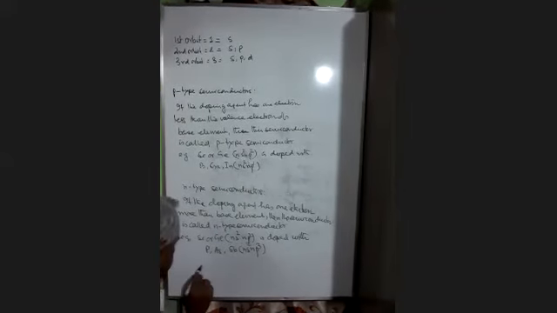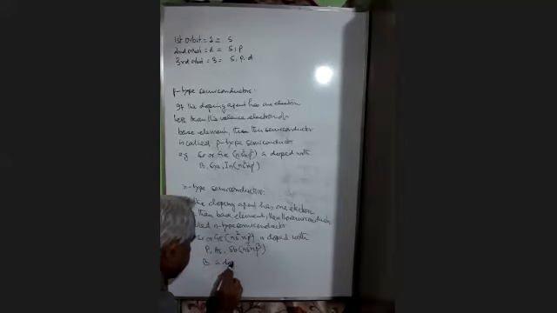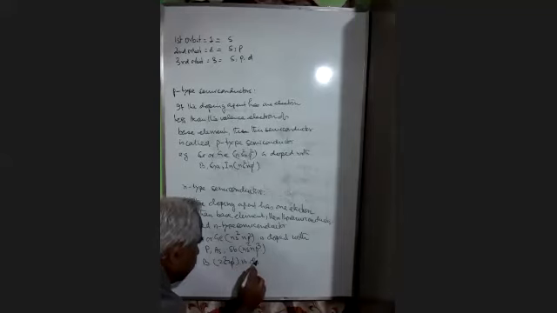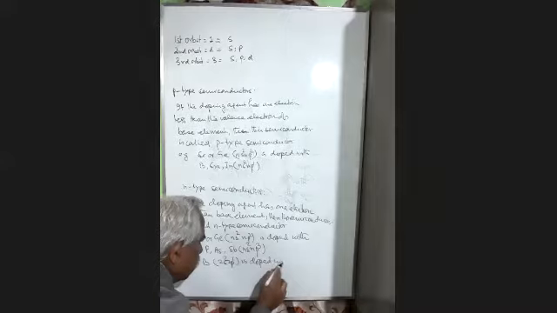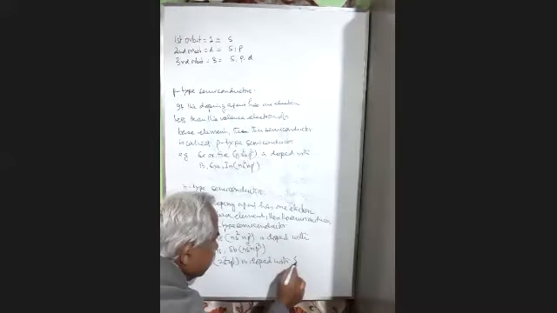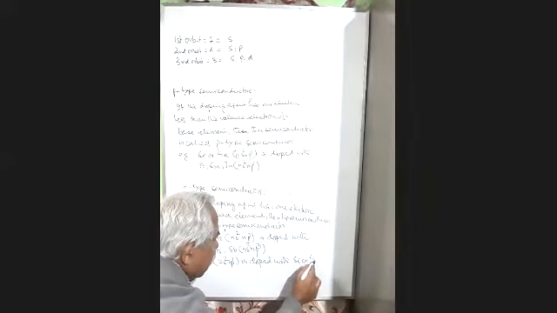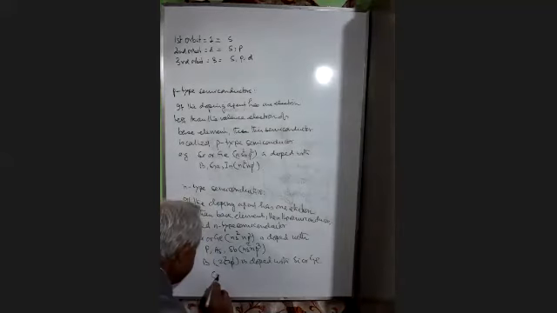Second, boron is 2s2 2p1, doped with silicon or germanium. See here, it is ns2 np1.